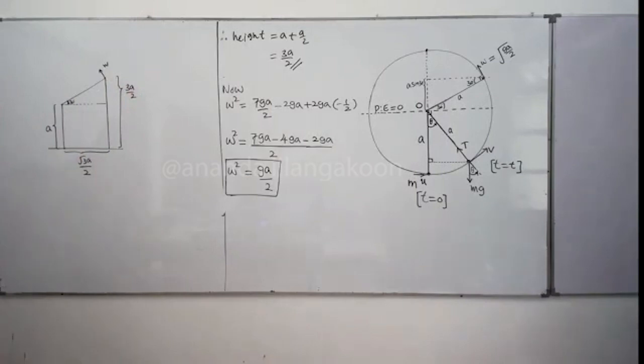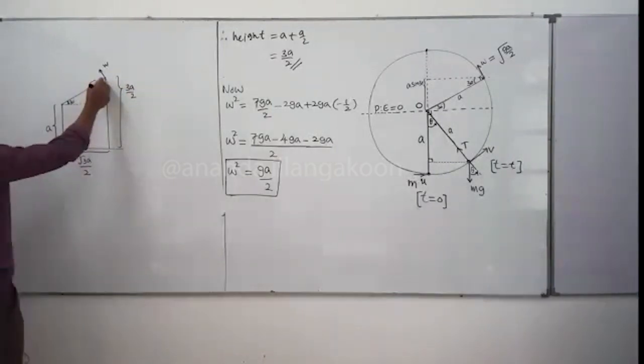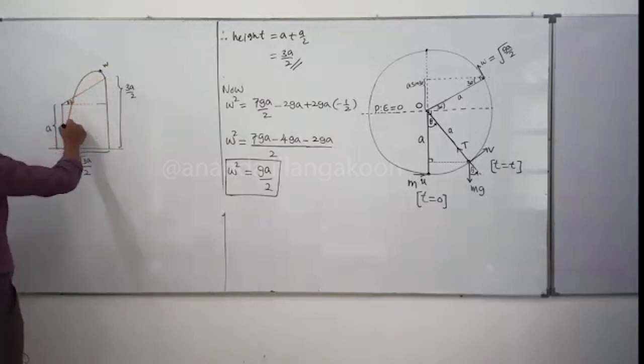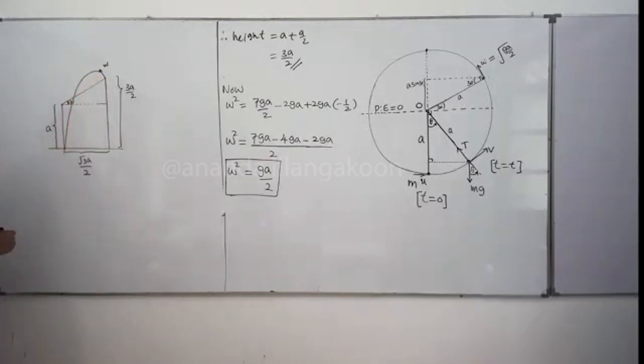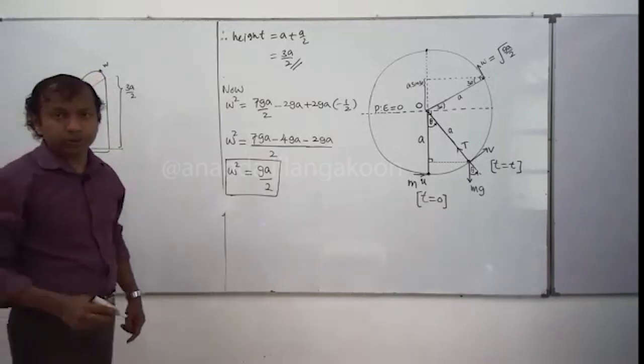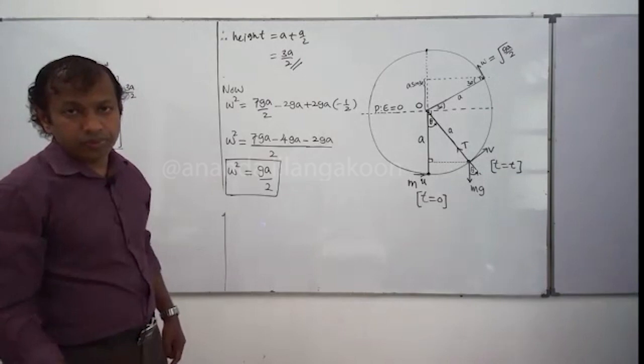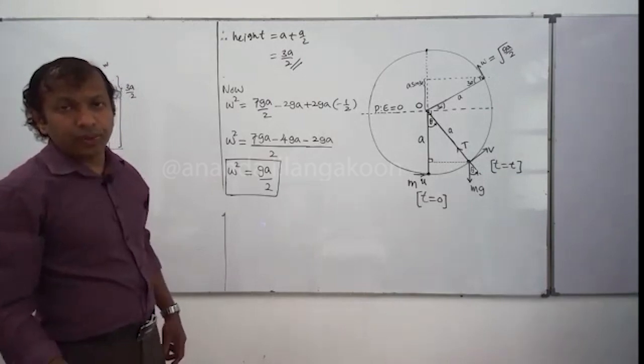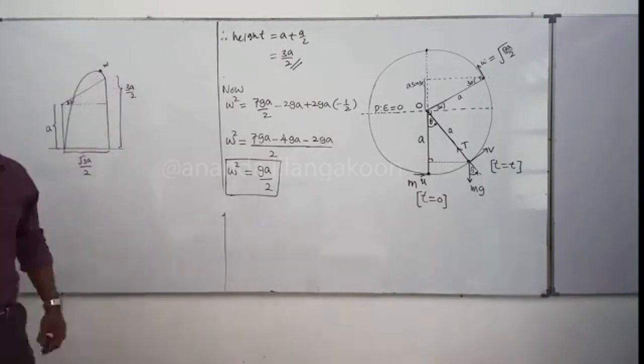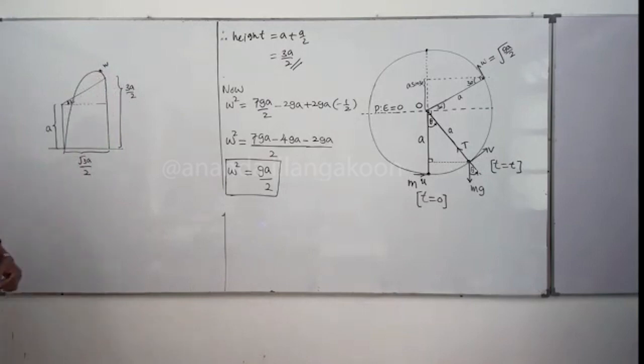Then asking this way, while the particle moving as a projectile motion, it comes to the initial point of projection. After time, this much. How to do that now? After a time this much, it passes to the point B. Then we can apply equation of motion.